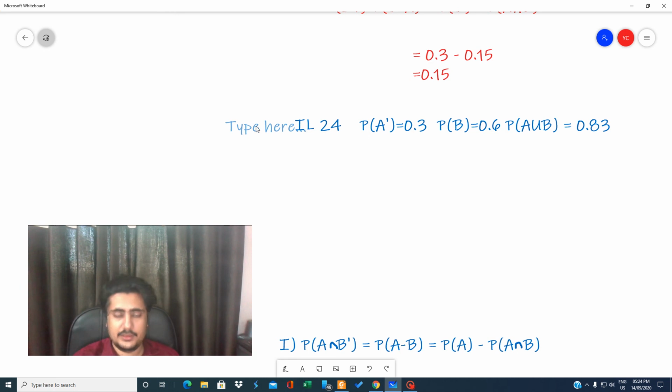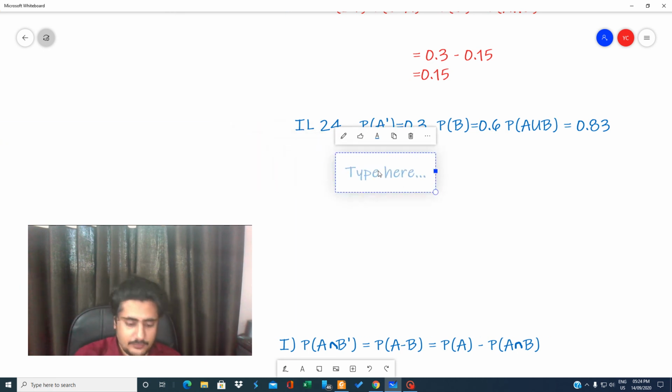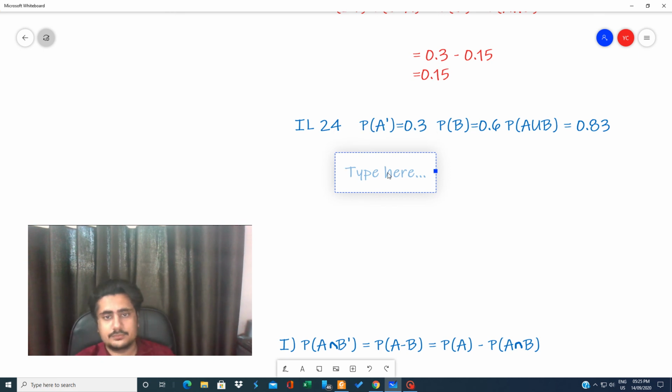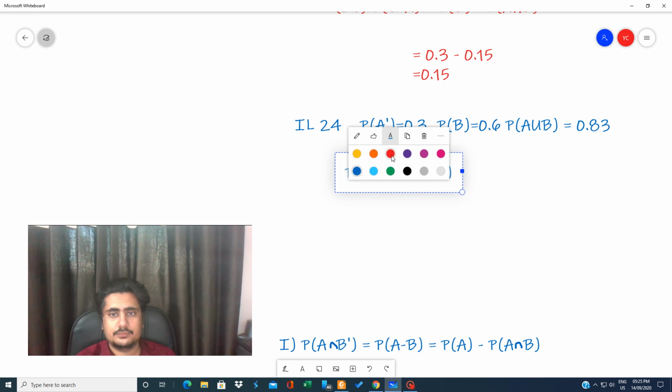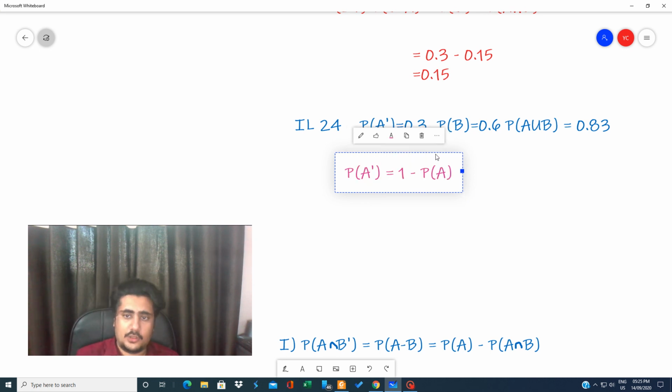Now P of A dash is 1 minus P of A. According to this logic, what I have written on the screen, P of A will be 1 minus P of A dash.